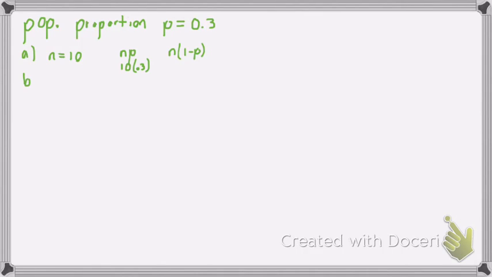Now for part B, they're going to a sampling distribution of a much more appropriate size. This time we're picking a sample of size 400. Clearly, if you have a size of 400, n times p would be 400 times 0.3, which is significantly larger than 10. That comes out to be 120.